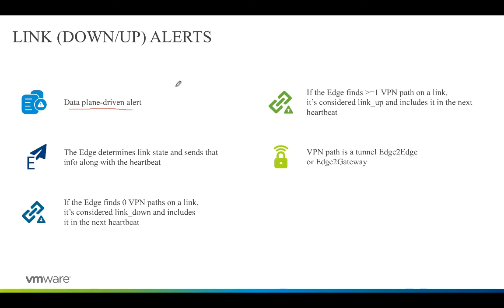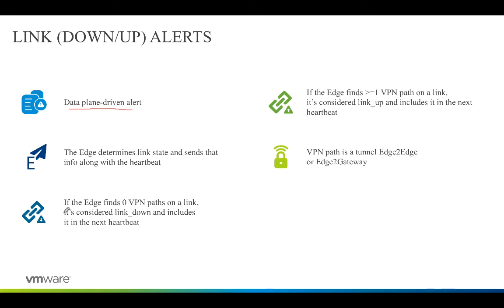If link 2 goes down, and link 2 has zero VPN paths, zero overlay tunnels, then we declare that link as a link down alert. So if link 2 has VPN tunnel or VPN path equal to 1 or more, we will not declare that link as down.